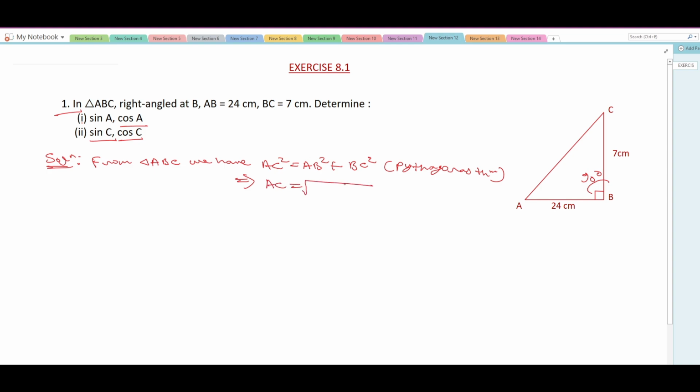So AC equal to root over AB square plus BC square, where AB equal to 24 centimeters and BC equal to 7 centimeters. So AC equal to root over 24 square plus 7 square, equal to root over 576 plus 49, equal to root over 625, equal to 25 centimeters. Therefore AC equal to 25 centimeters.